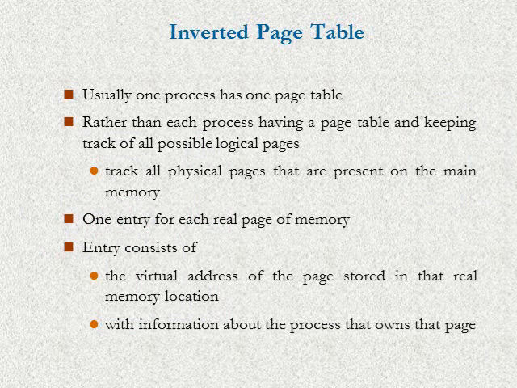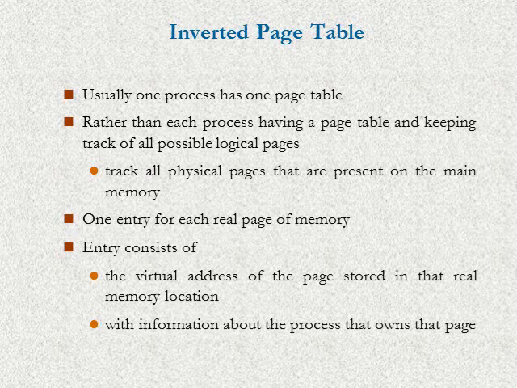The next issue that we face in paging is the space requirement. Usually we have one process associated with one page table, and each page table is stored in the main memory. It means that if we have n processes running in a system, we have n page tables stored in the main memory.